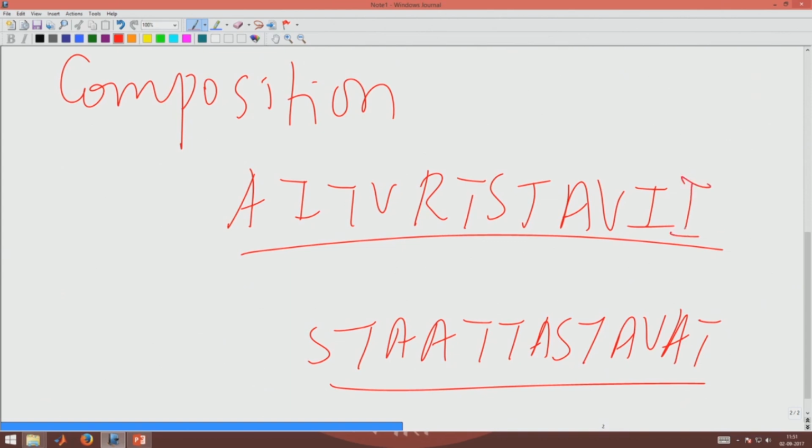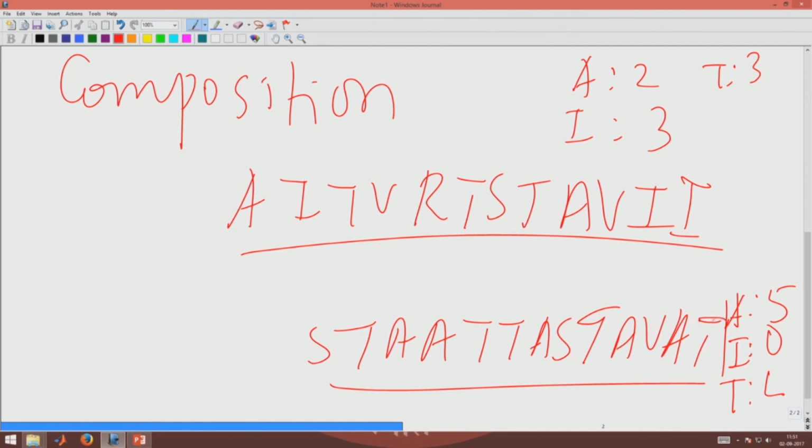Can you see how many times A occurs? 2 times, I 3 times, T 3 times. In this sequence, how many times does A occur? 5 times, I 0, T 4 times, right, 1 2 3, this is T, then this is 5, 5 times.